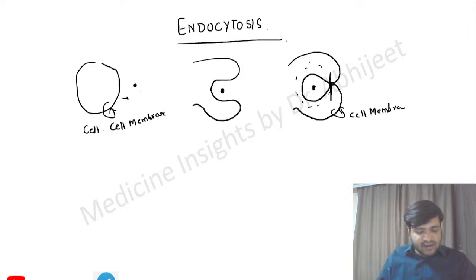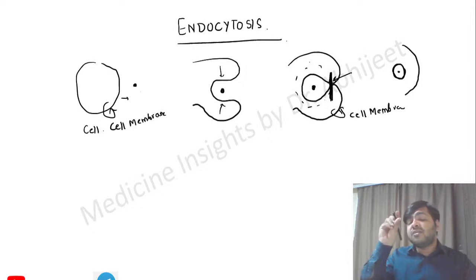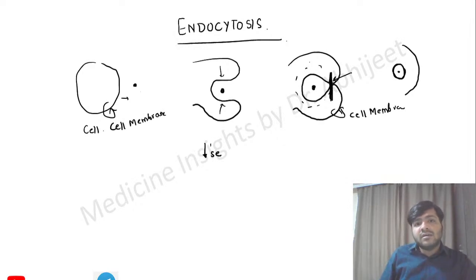It will come inside. So in this case, the total area of the cell membrane is reduced because the cell membrane is involved in grabbing this particular substance. As soon as it grabs it, it will detach from the cell membrane. So a part of the cell membrane is lost, and there is a decrease in the total area of the cell membrane.